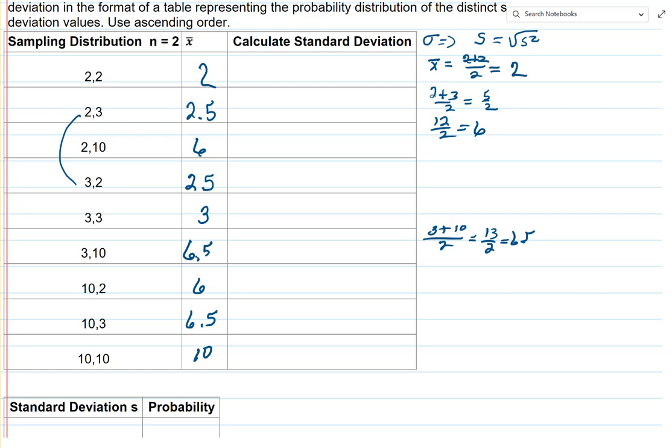Now we're going to do the standard deviation. And I'm not going to do by divided by 1. So we're going to do our 2 minus 2 squared plus a 2 minus 2 squared, and that is 0. On this one, I'm going to have the 2 minus the 2 1/2 squared plus 3 minus the 2 1/2 squared.